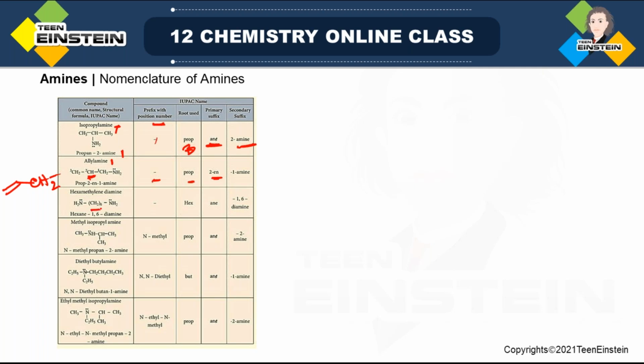Then we have NH2, followed by another NH2, but in between these two we have 6 CH2. So it is hexamethylenediamine. Methylene means CH2 group, and 6 methylene, so that is hexamethylenediamine. But what about the IUPAC name? Now when it is the IUPAC name, you have to mention the positions 1,6-diamine.